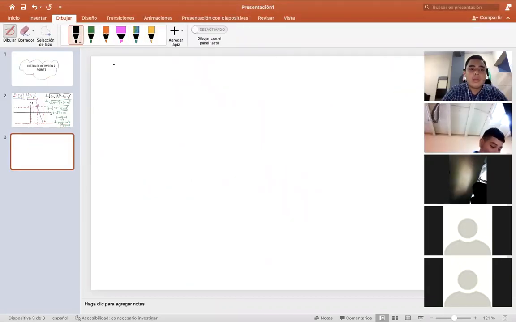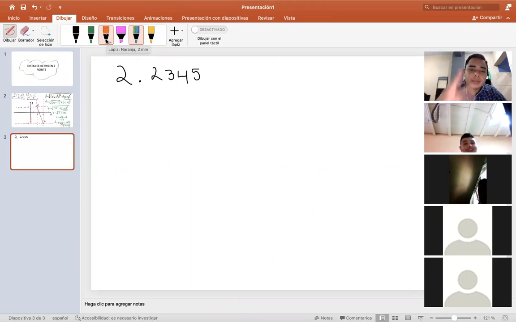For example, if we have an answer of 2.234 and I ask you to use 3 decimal numbers, you are going to use the first 3 decimal numbers, these ones here. But if I also ask you to round the answer, it means you have to take the last number and look at the number next to it.